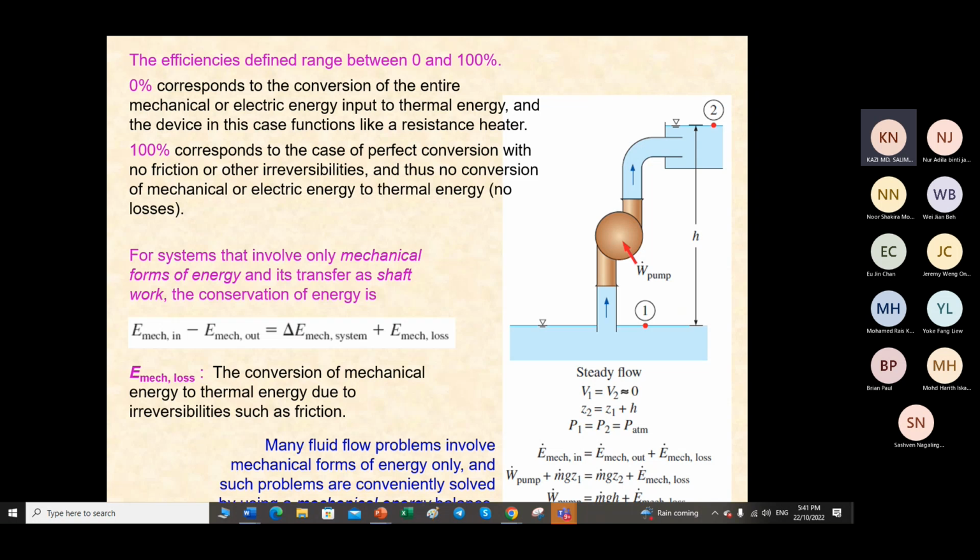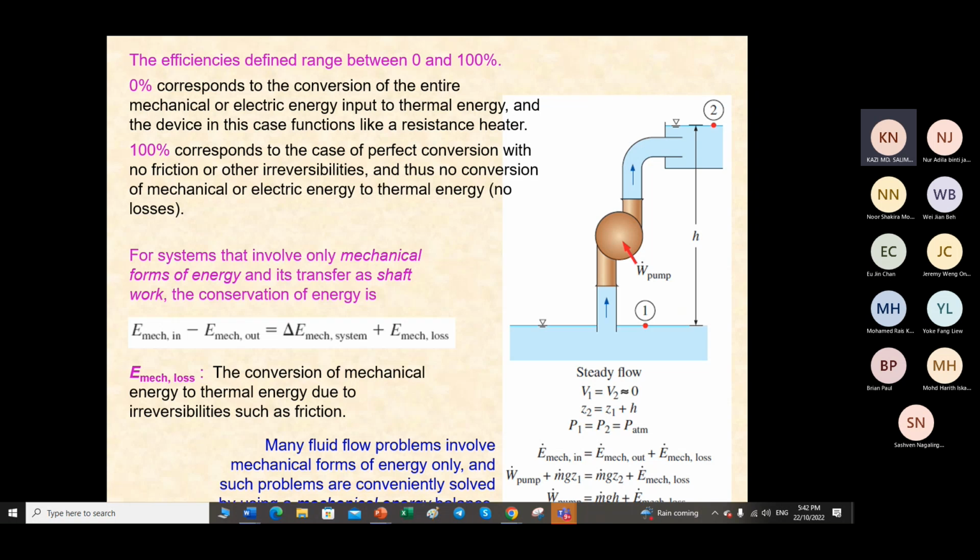So in this case, if we calculate the E mechanical in, then we can write that this is equal to E mechanical out plus the losses there, which is equal to W pump, that is the pump work, which is mg Z1, indicating the potential energy, equal to mg Z2 plus E mechanical losses.